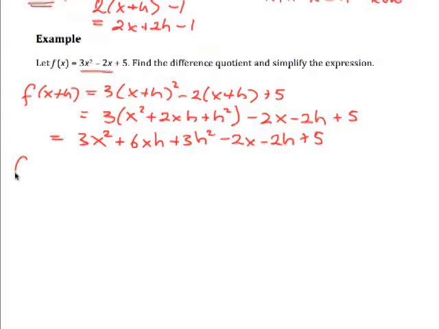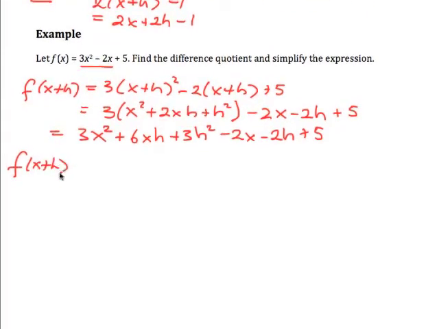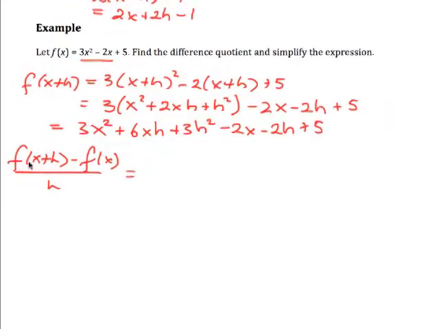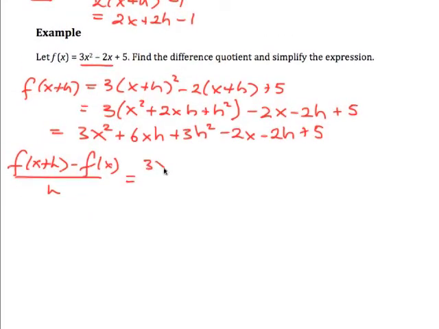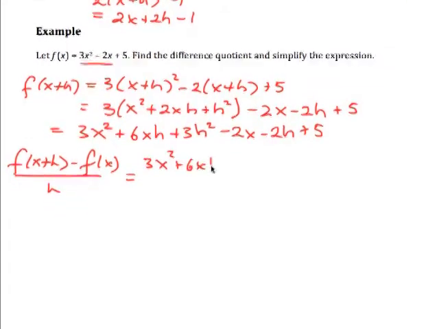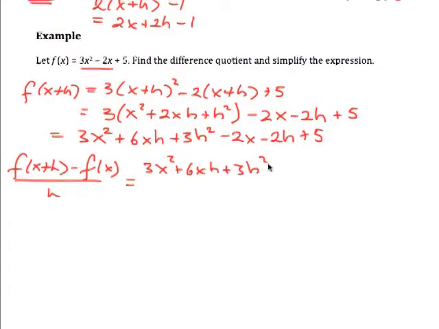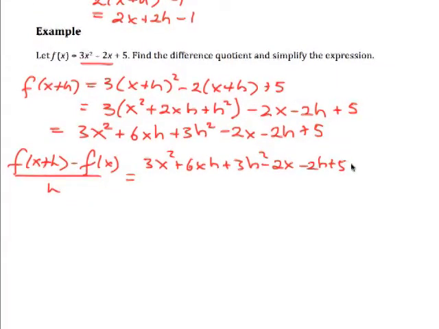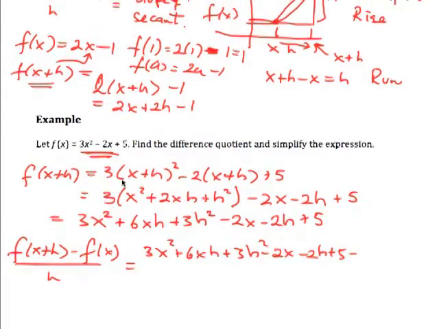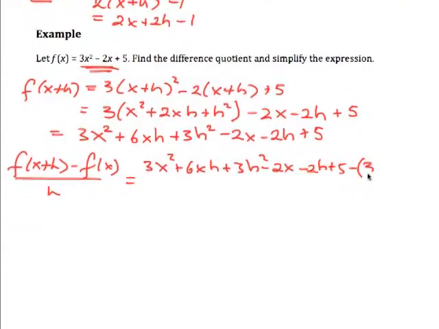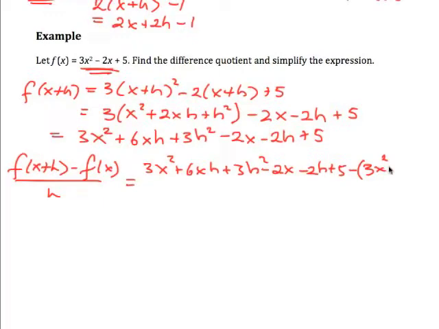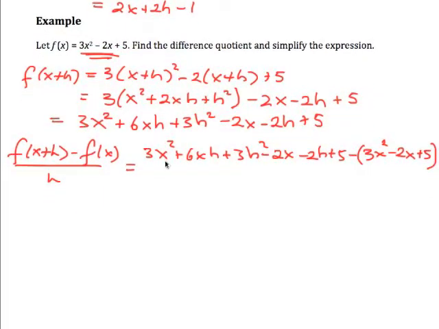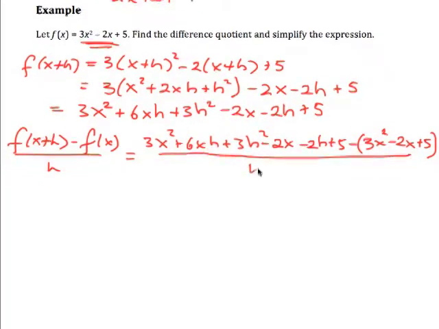Now if I now look at the difference quotient, we've now determined what f of x plus h is. It's 3x squared plus 6xh plus 3h squared minus 2x minus 2h plus 5. And we're now subtracting off our f of x, and use parentheses so you don't make a mistake: 3x squared minus 2x plus 5. And we're dividing this all by h.